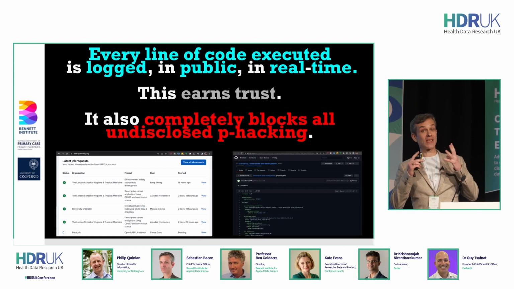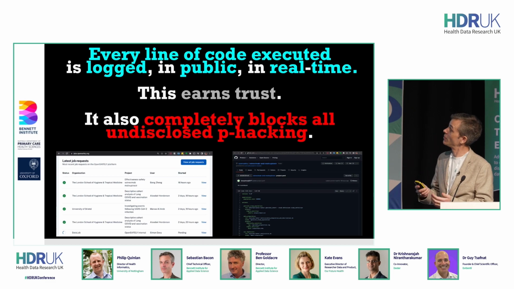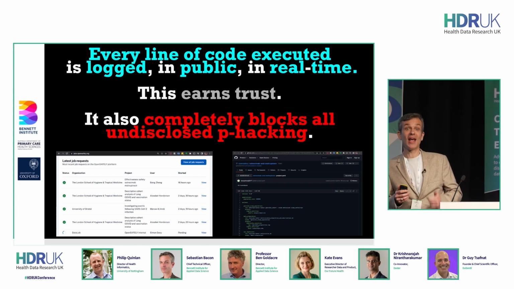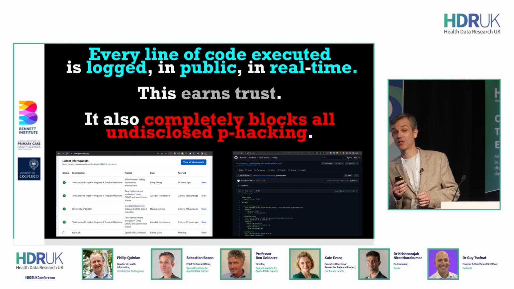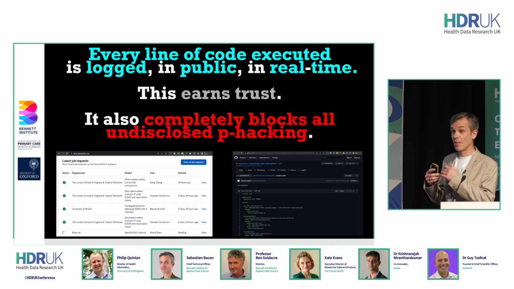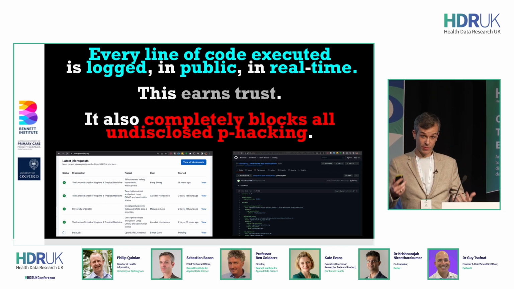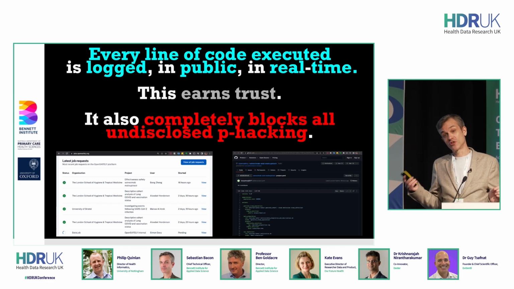It's not just the code itself that's made public and published, it's also when it's run and who's been running it. We log all of that in public as well. That's done real time. You can see it at jobs.opensafely.org for yourself. And we do that to earn the public trust, but it's got some really interesting side effects.